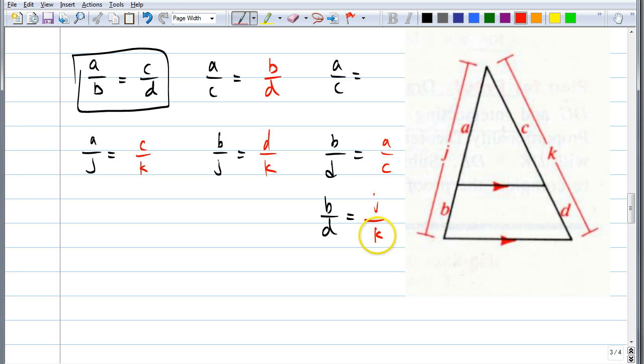J over K, isn't it? So B to D you could represent 2 ways. And A to C you could also do it: A to C as to J over K also. So look, A to C as to J to K. They all work out.